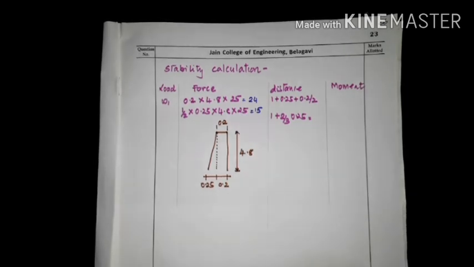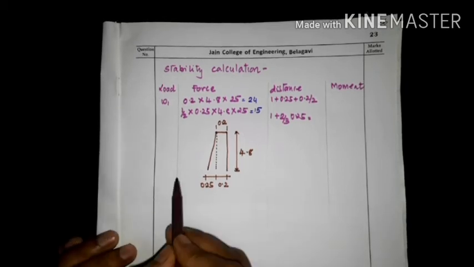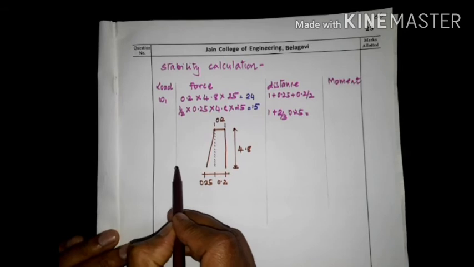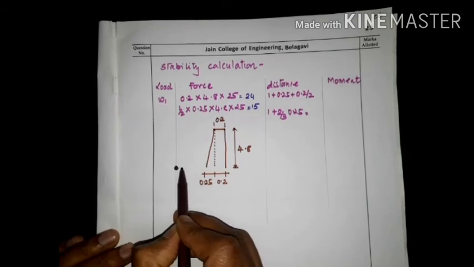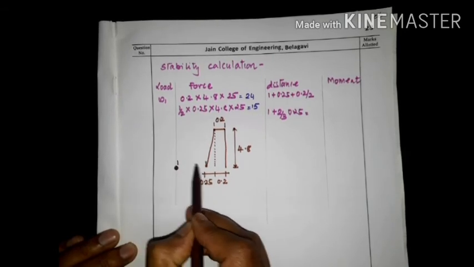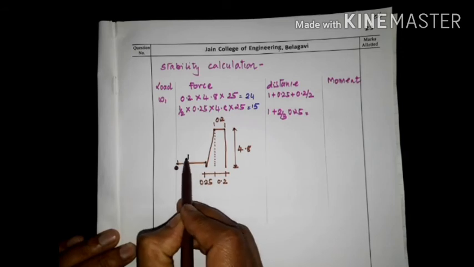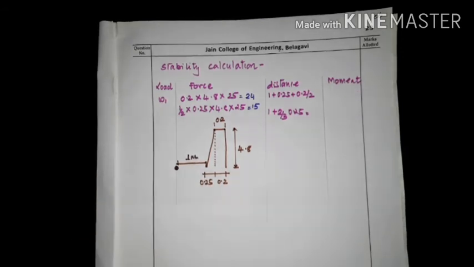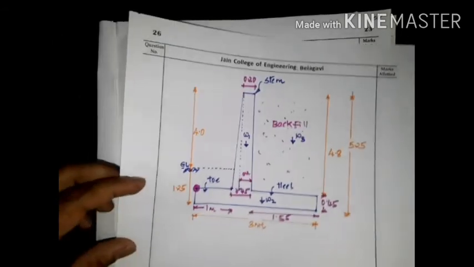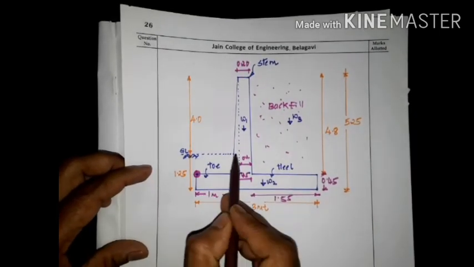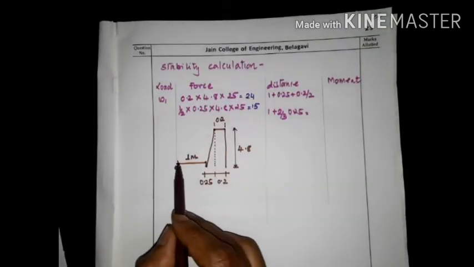And the distance here, the toe slab, the point where we have considered, is somewhere here, and this distance is 1 meter. Okay, so I'll show it here also. This distance is 1 meter. Here I assumed 1 meter.